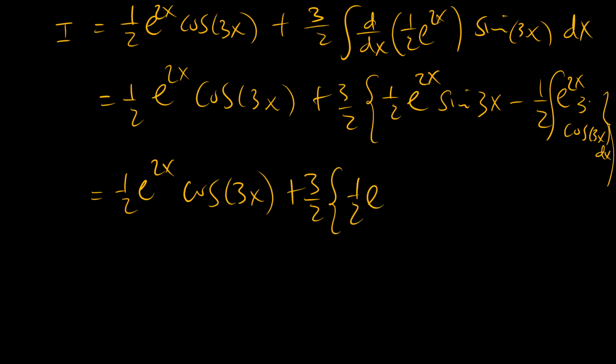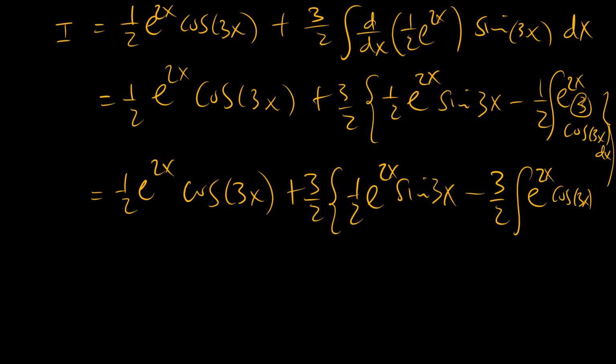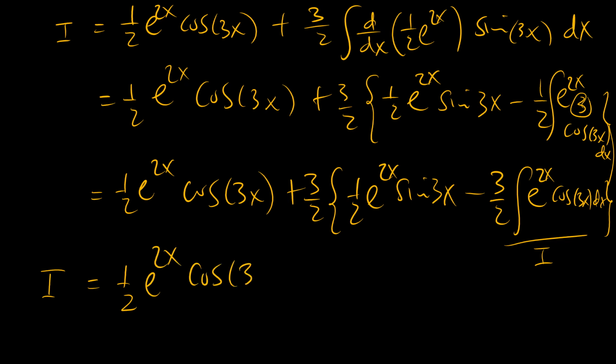So this is the same as a half e to the 2x cosine 3x plus 3 over 2, bracket I have e 2x sine 3x, and we're going to pull this 3 out, so we have 3 over 2 integral of e to the 2x cosine 3x, and we see that this is the same as I. So our I is equal to a half e to the power 2x cosine 3x plus 3/4 e to the 2x sine 3x.